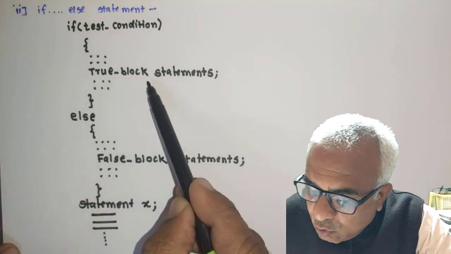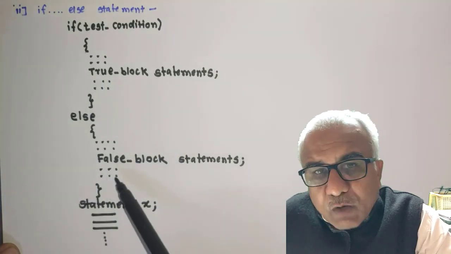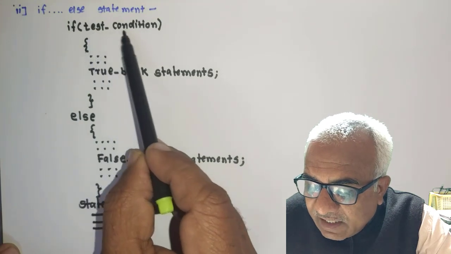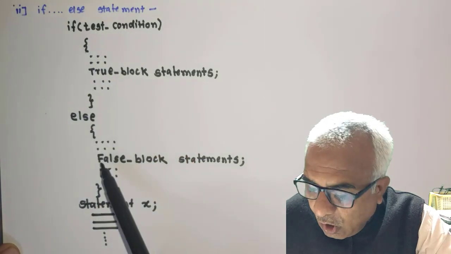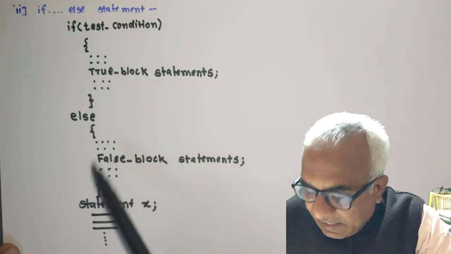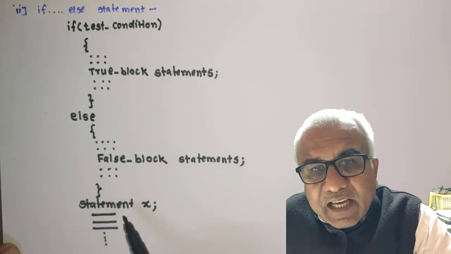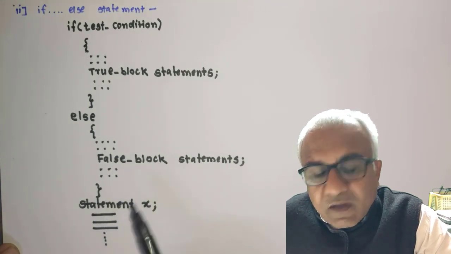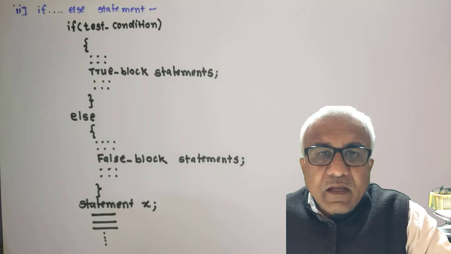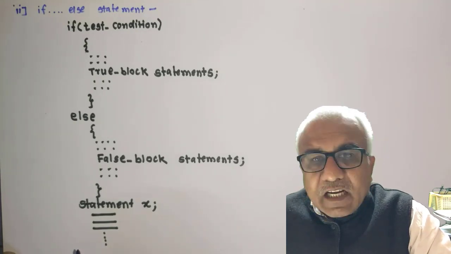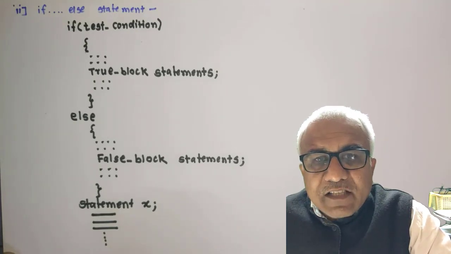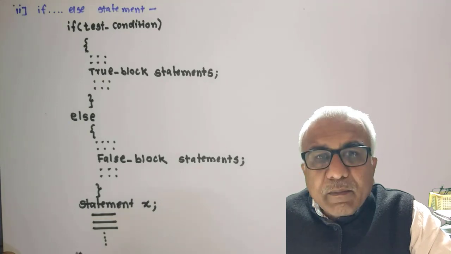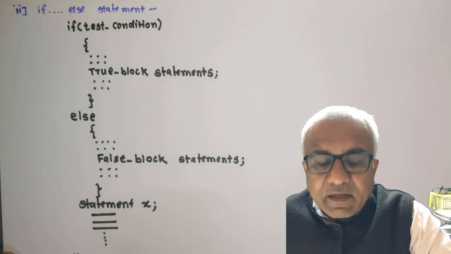So either the true block or the false block, depending on whether the test condition is true or false, is executed, and then statement X is executed. In this way, the if-else statement is used as a decision making and branching statement.